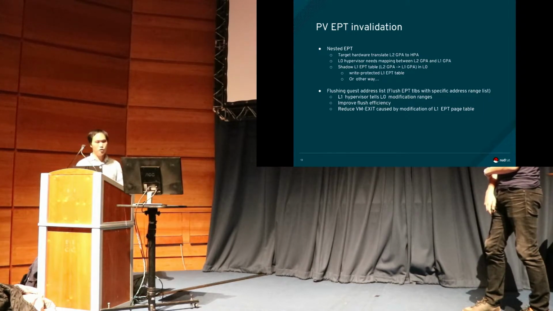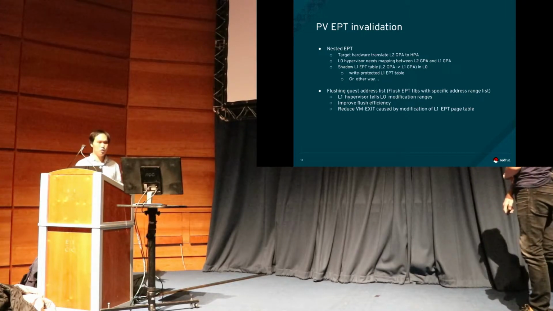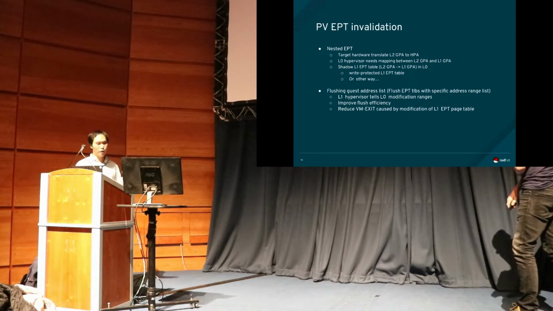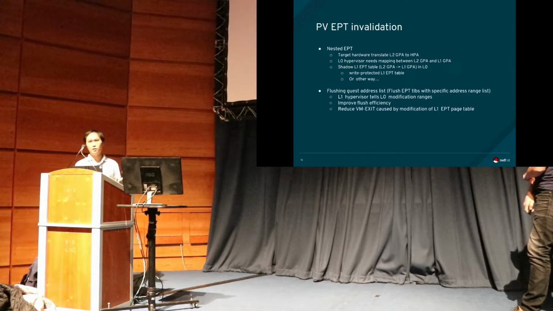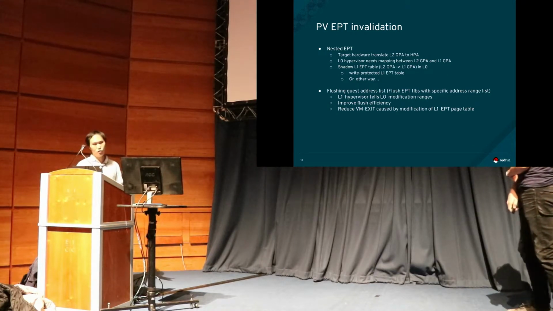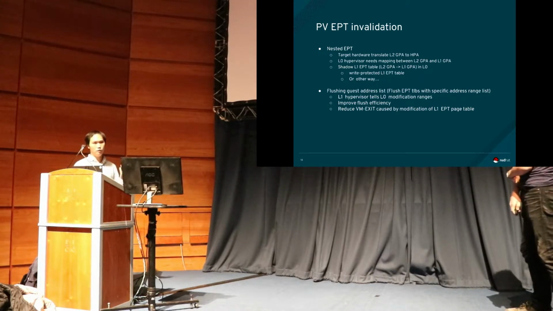So it needs to shadow the L1's EPT page tables. How to shadow the page table? Normally, we use the write protect mode. But the write protect mode will introduce a lot of VM exits if the L1 hypervisor changes the EPT page table very frequently. And finally, it still needs to use the flush instruction.